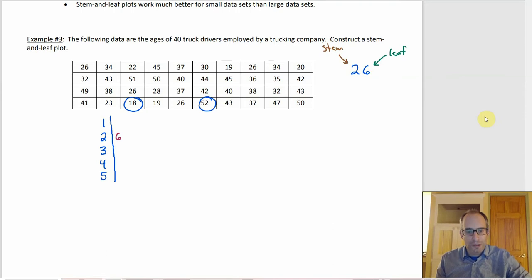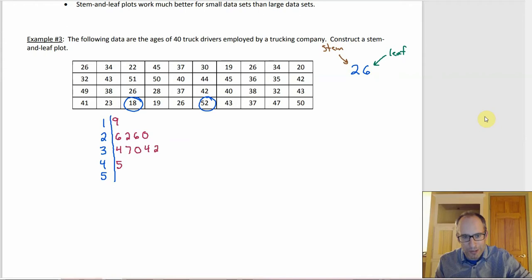Then for 34, I just need to put a 4 where the stem of 3 is. Then 22. You can see what's going to happen here, right? 45, 37, 30, 19, 26, 34, 20. All right, and I guess this will take a little while since there are 40 points.